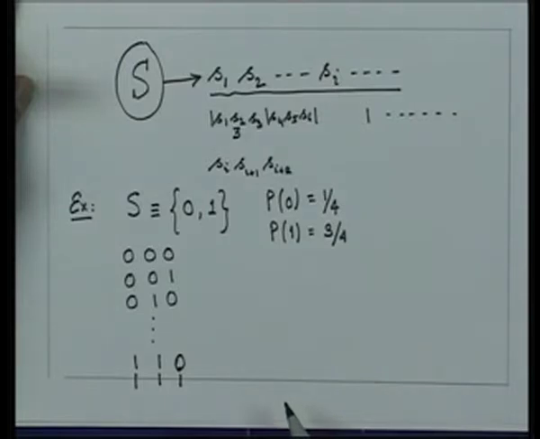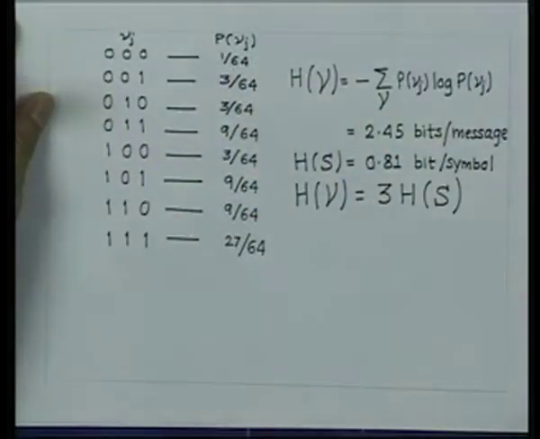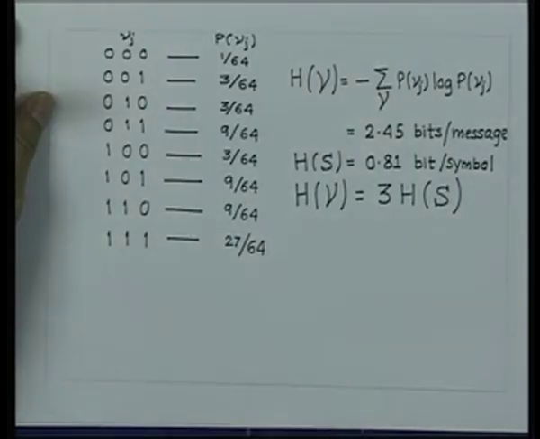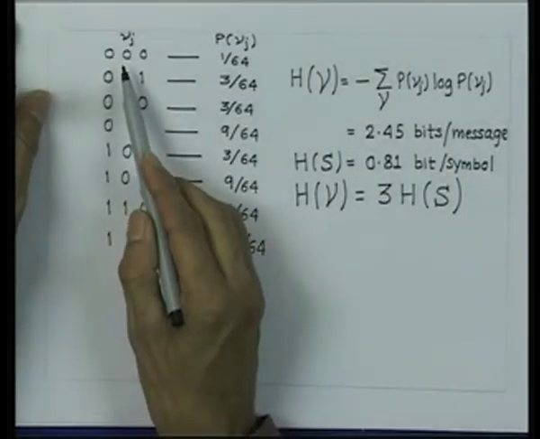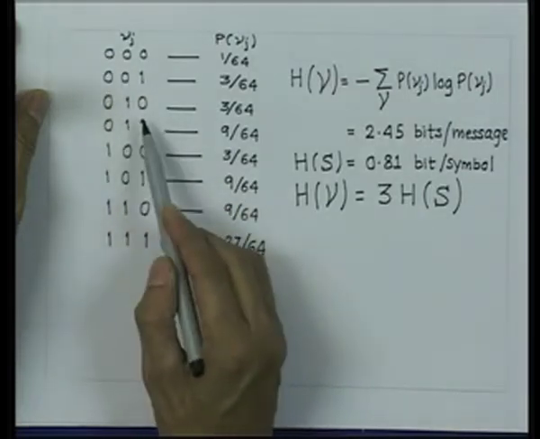How do I find out the average information per message for all these 8 messages? It is very simple. These are the different messages which I have, and I can find out the probability of occurrence of each of these sub messages.